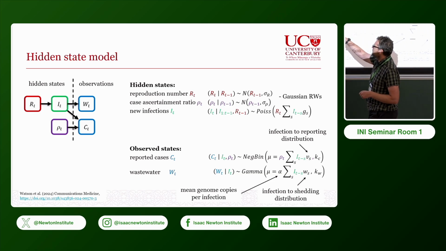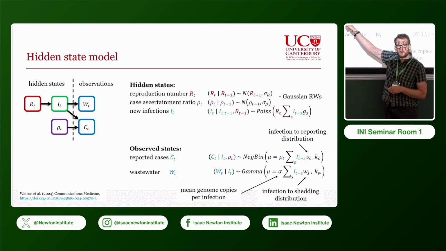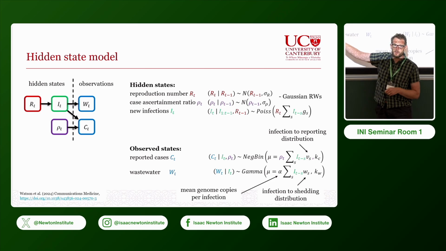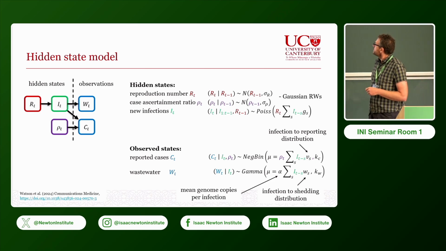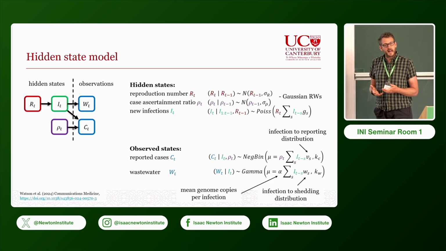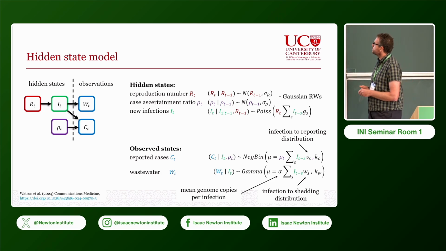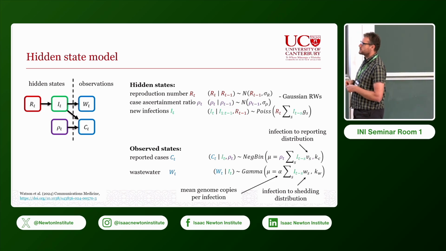And then two observed states, one is the concentration in the wastewater on day T, and the other one is the number of reported cases on day T. It gives quite a natural way to incorporate the wastewater data using this type of model, I think.